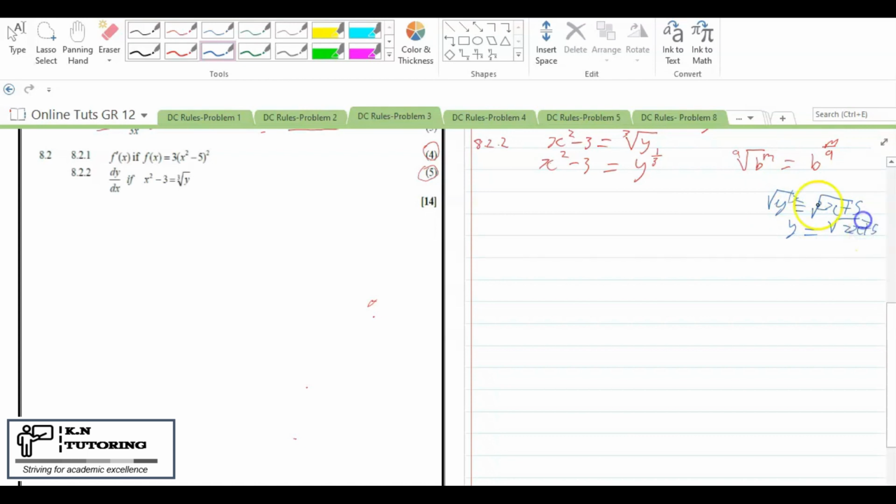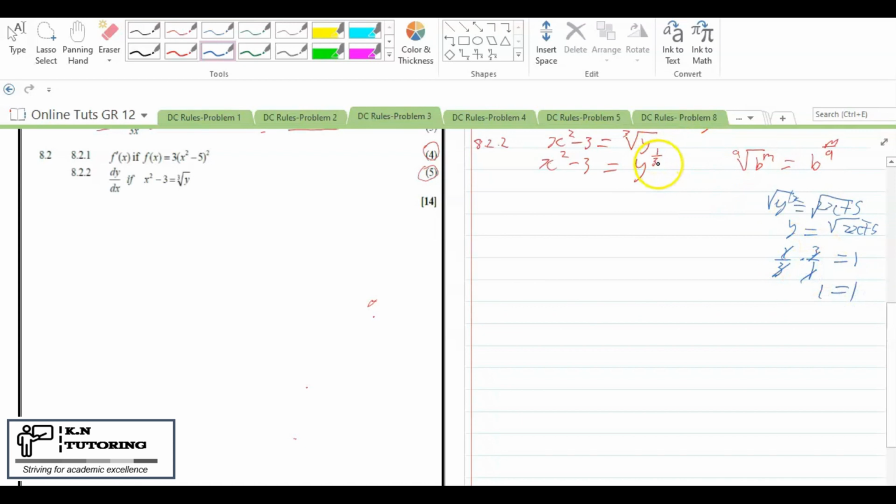But now it's not that simple because the exponent is 1 over 3. So what can I multiply this 1 over 3 with so that the answer that I get is 1? I can only do this if I multiply by 3 divided by 1, because 3 will cancel 3, 1 will cancel 1, then 1 is equal to 1.